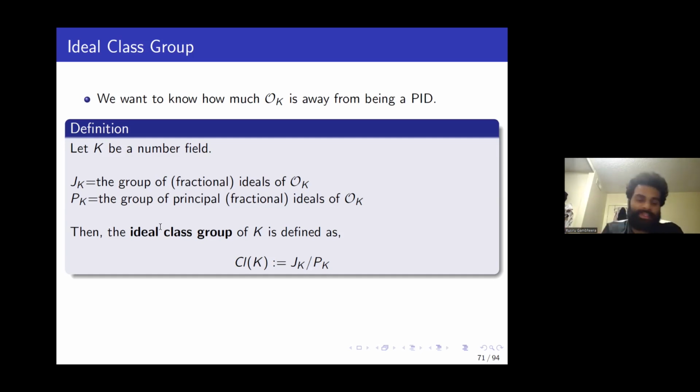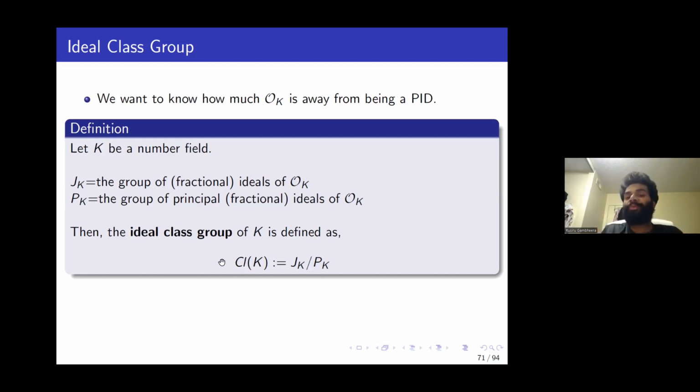I just put the definition because I have to, and in case someone is there who already knows some ring theory, they can understand it. But even if you don't understand it, it's fine. I just wanted to say that there's an object which measures how far away a number field is from being a PID. So how bad it is, that's what this class group measures.